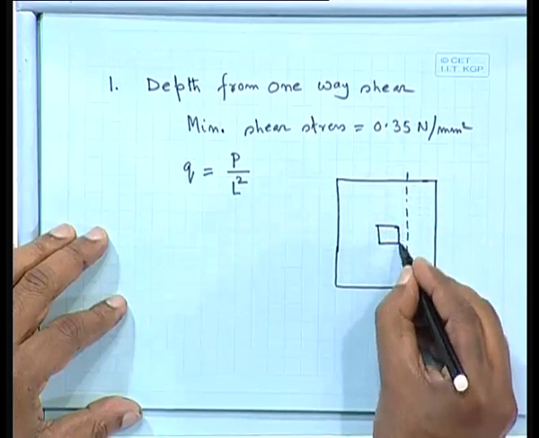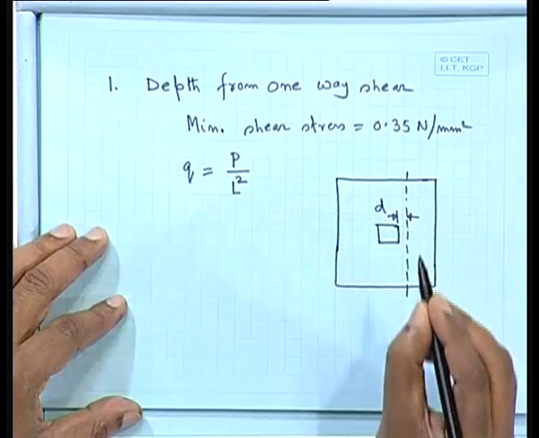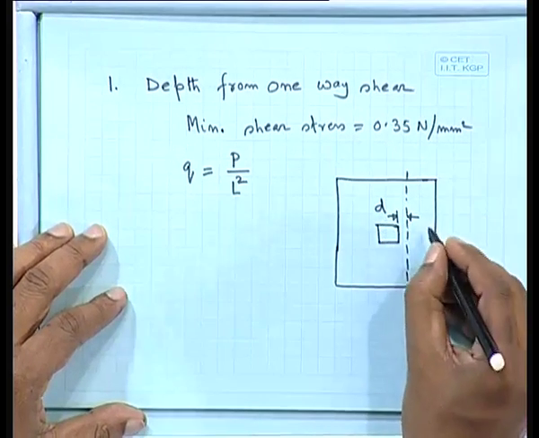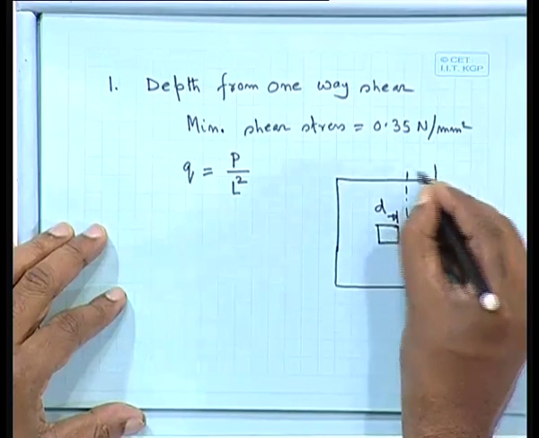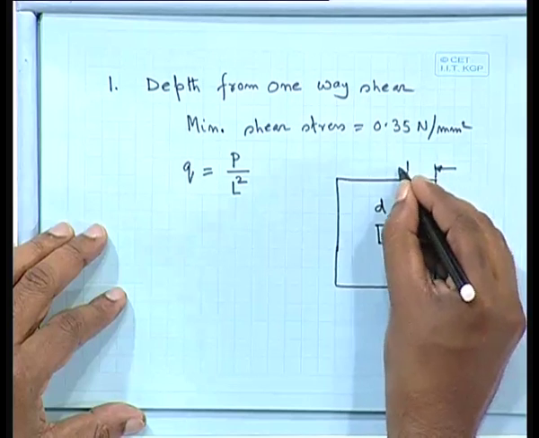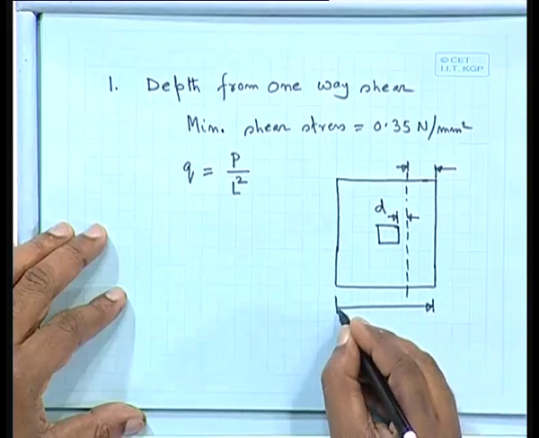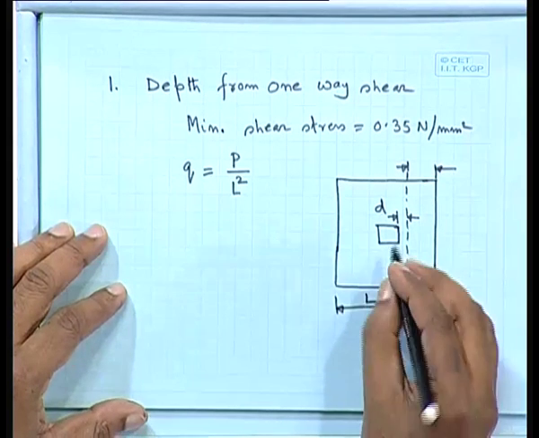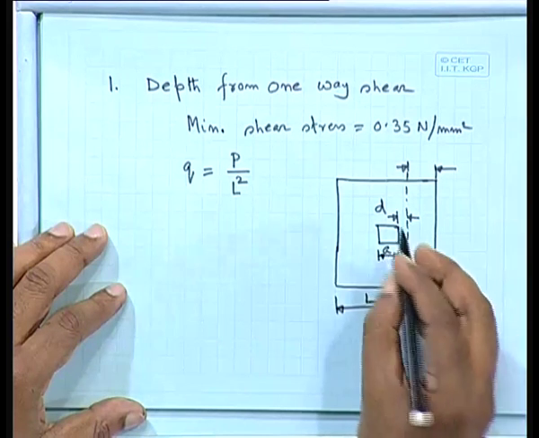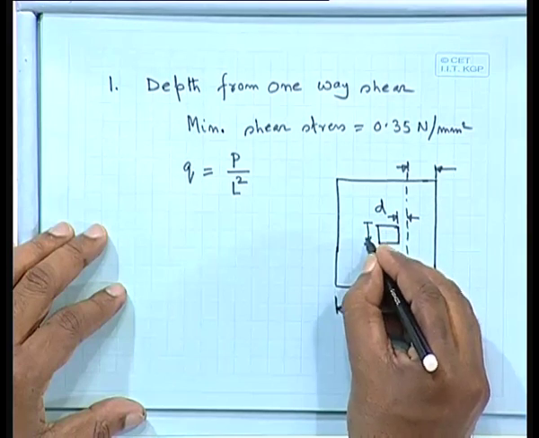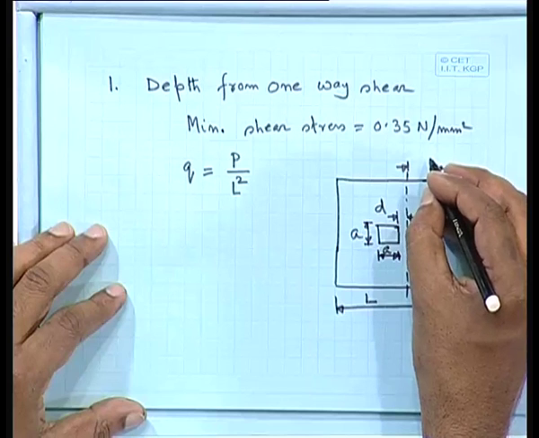So, this distance from the face of the column is d. So, what about this length then? Let us take this length. This is your L, and the column size, square column, is A. So, this one will be equal to L minus A by 2.